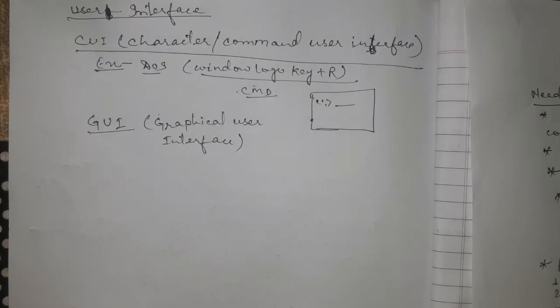The second was hardware, the physical parts of the computer that we can see and touch, like monitor, CPU, keyboard, mouse.